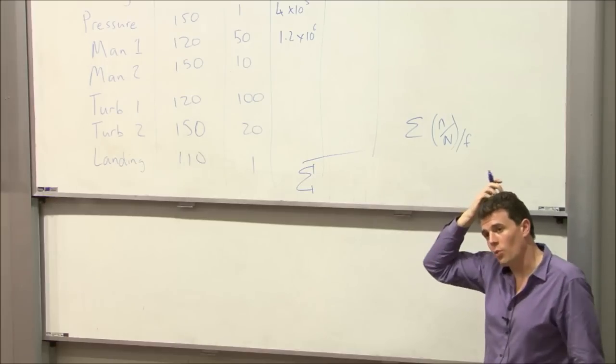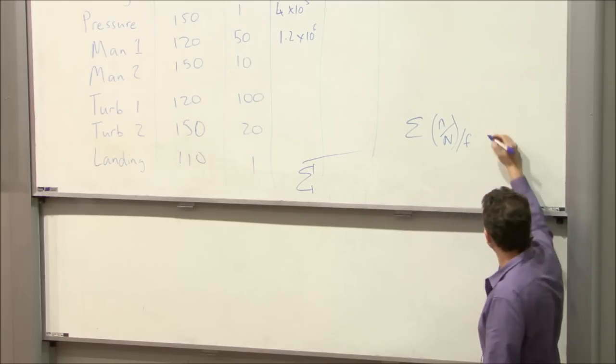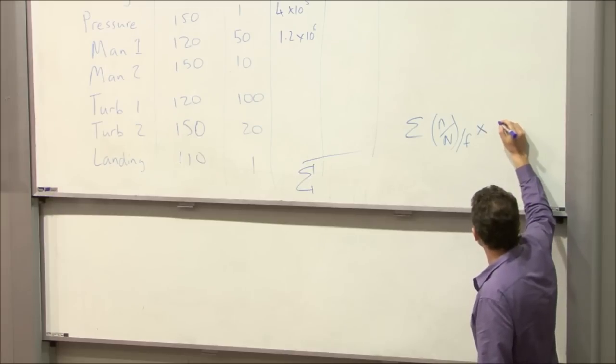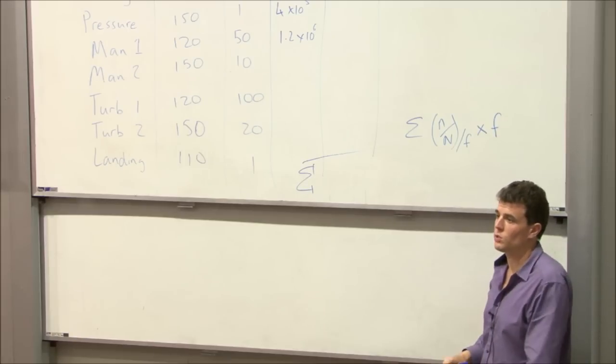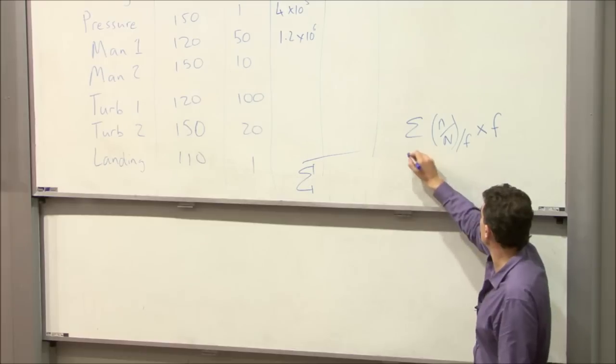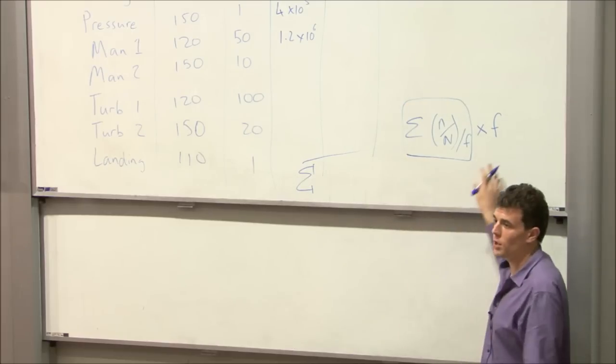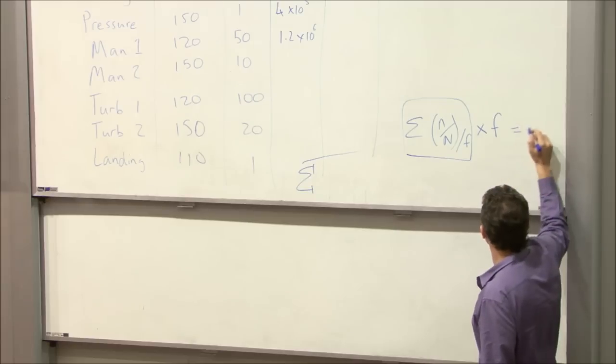Now, if we want to work out how many flights to failure, we can multiply by the number of flights, which at this stage we don't know. We know this bit. We don't know the number of flights. And at failure, that equals 1.